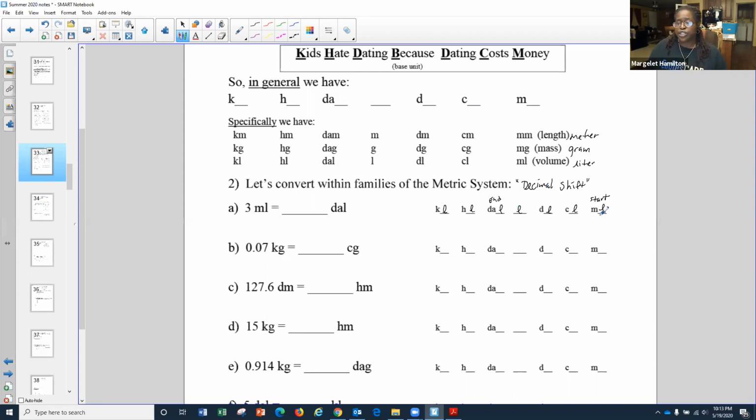So here we are. We're starting here. How many times do we have to move our decimal place in order to get to our next destination? Here we go. 1, 2, 3, 4. We moved it 4 places to the left.